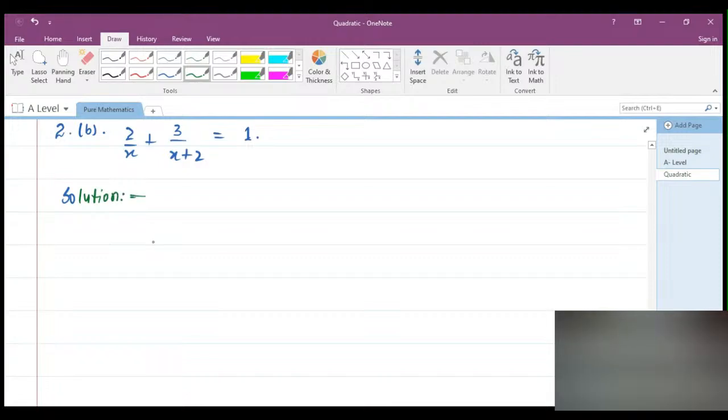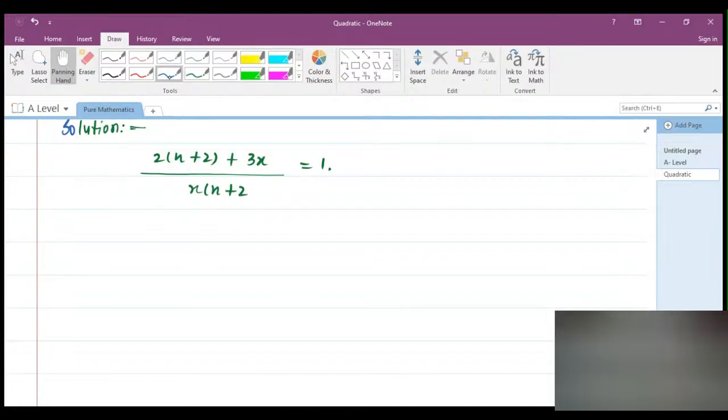So here the LCM will be x into x plus 2. So here will be 2 into x plus 2 and plus 3x equal to 1. Hope that there is no problem to understand up to this step. Let's see the next step here.